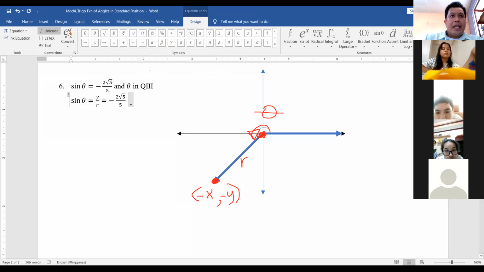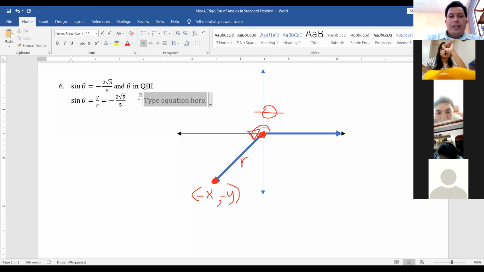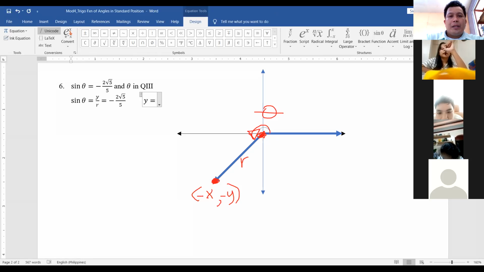Then it's safe to say that your y value from the given is equal to negative 2 square root of 5, and your r is equal to 5.